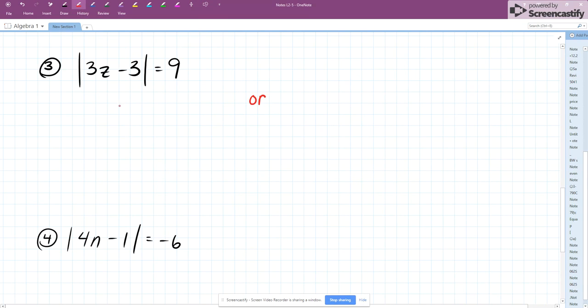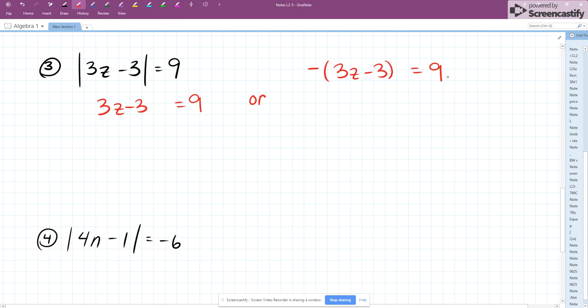So the original problem that you need to solve is 3z minus 3 equals 9. And you also need to solve the opposite problem. So the opposite of 3z minus 3 equals 9.